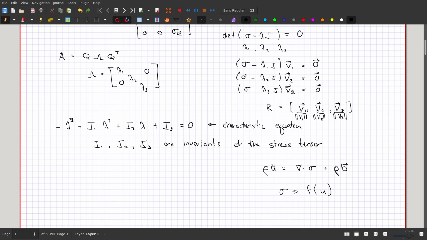And this thing right here is what might be called the closure law, right? It closes the equation so that we can solve it. In other words, we can't solve this equation unless we have a way to get stress into displacements or from displacements, okay? And how we get from stress to displacements is called a constitutive model.